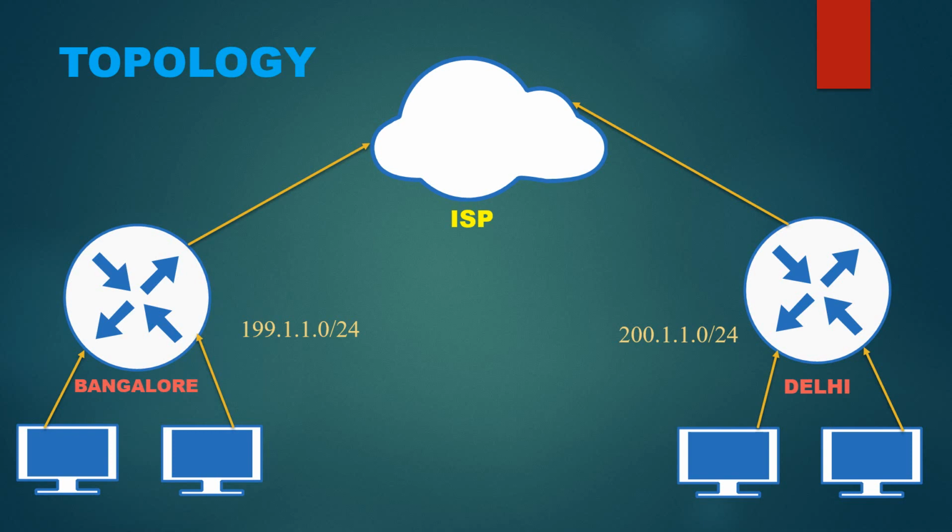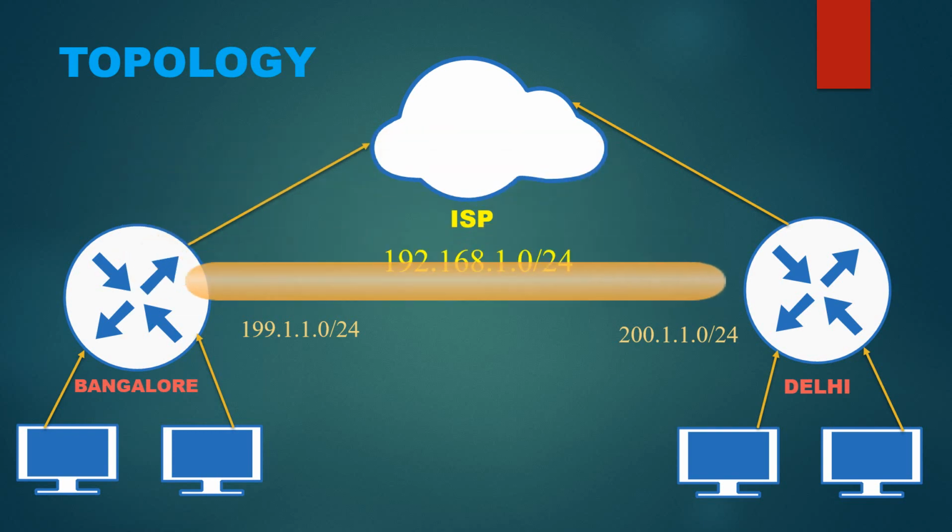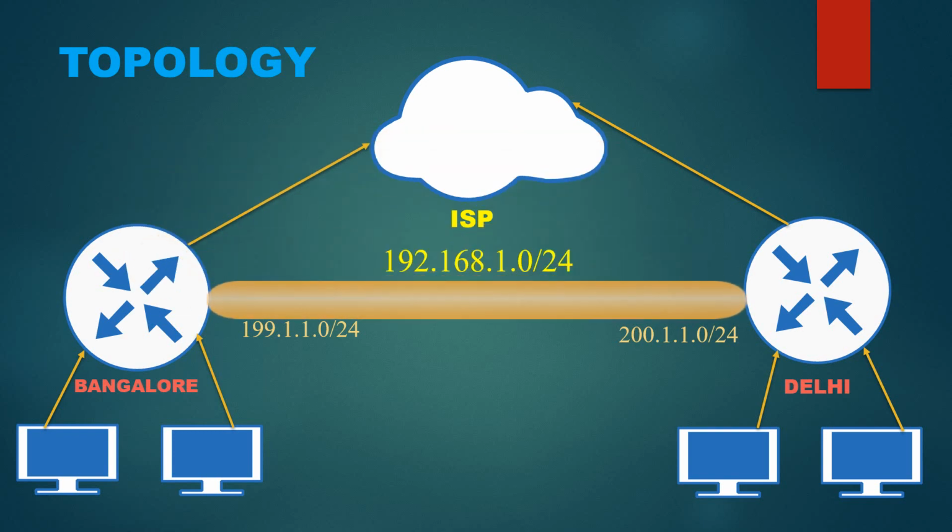I also have a network which is 192.168.1.0/24, which is the common private network here. And here I am not using any dedicated leased line to transfer the traffic. GRE VPN virtually creates the point-to-point connection between Bangalore and New Delhi.